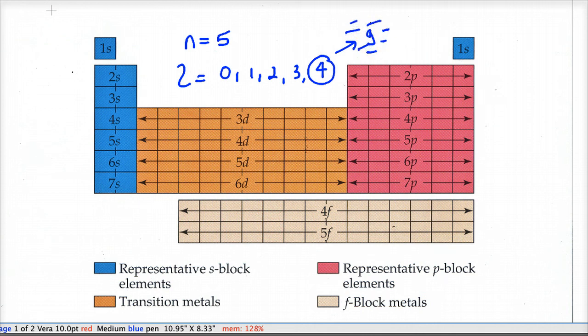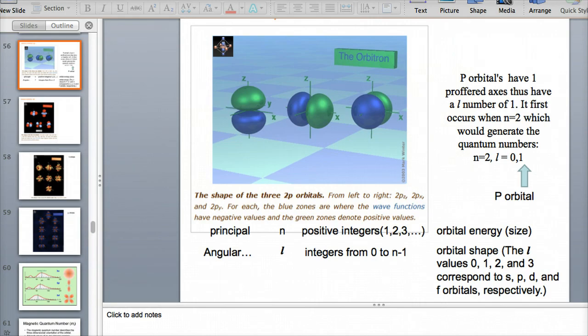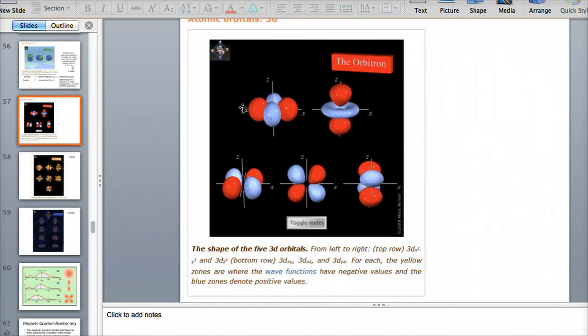Let's take a look at what that might look like. Before we look at the g's, here's the dumbbell shape that I was talking about, drawn a little differently, with 1 preferred axis, and you're showing 3 orbitals. We'll get to that in a second. Then we have our d orbitals, a more complex shape with 2 preferred axes.